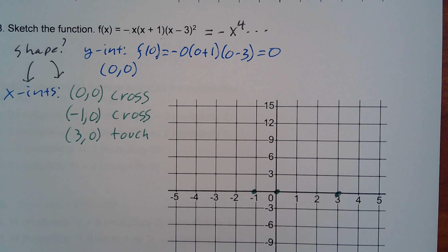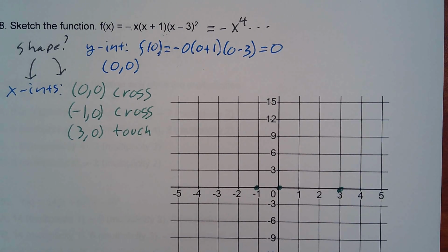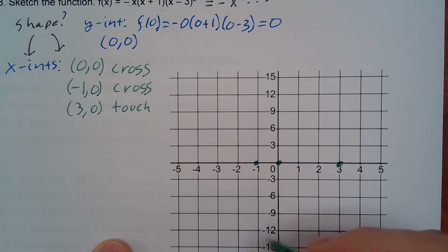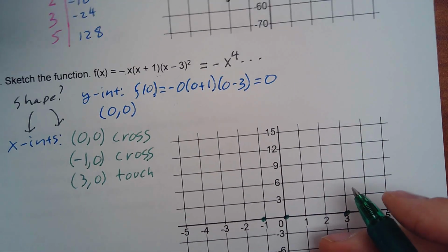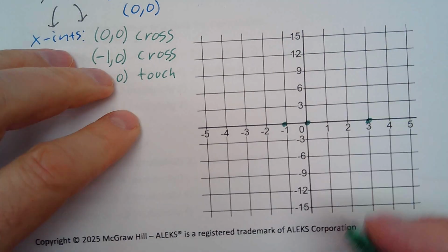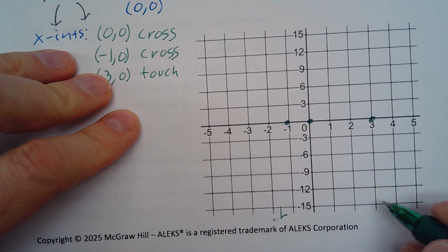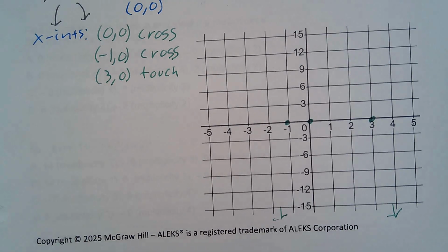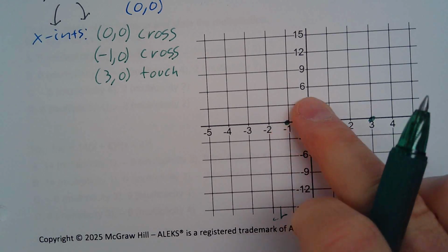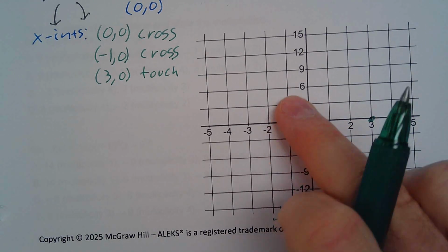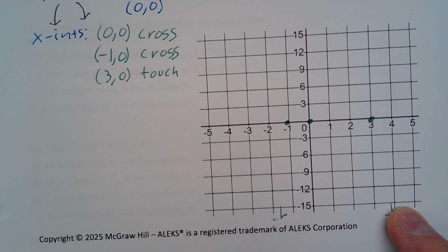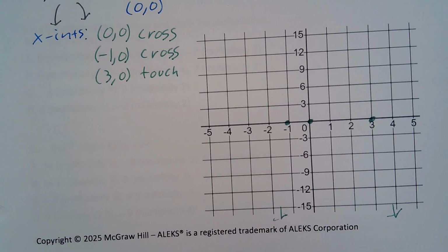I know this thing has to point down. So if we kind of mark it down here, my ends are going like this and like that. Something like that. And remember we said it's going to cross, cross, and then touch. So it should go like this. But I want to get some additional points.